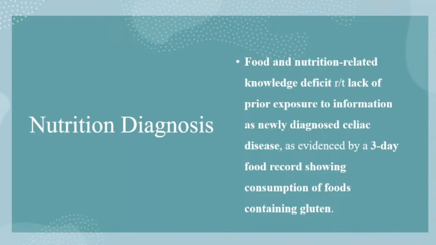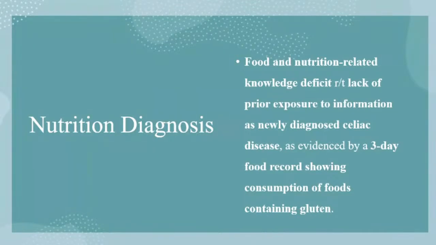You can also add additional signs and symptoms. Since we did a physical examination, it can be that the person is complaining of the bloating, the diarrhea, which are all signs and symptoms of celiac disease, which are also measurable because when you put in the intervention of gluten-free kind of foods, that symptom of diarrhea, bloating will stop. So it is measurable. The outcome is measurable.